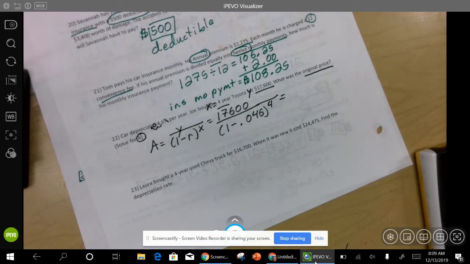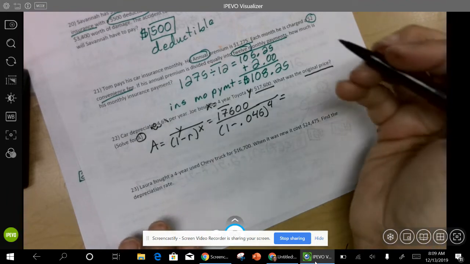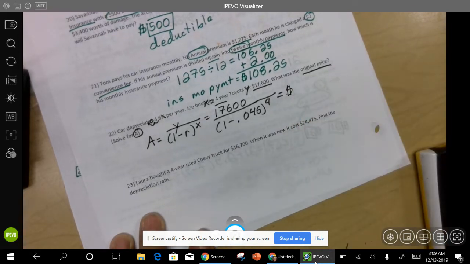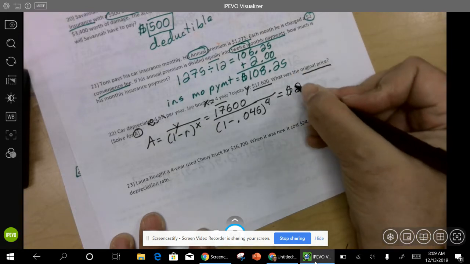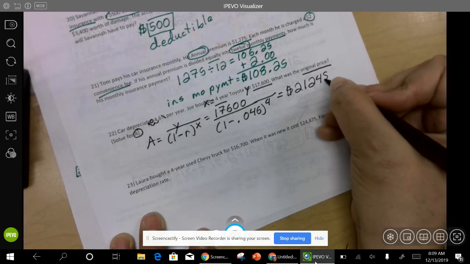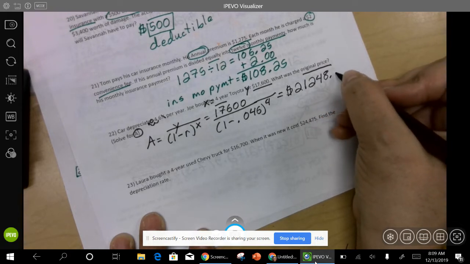That is going to be our original price. So we get, okay, so I got $21,248.05.